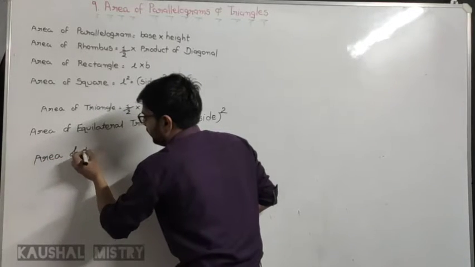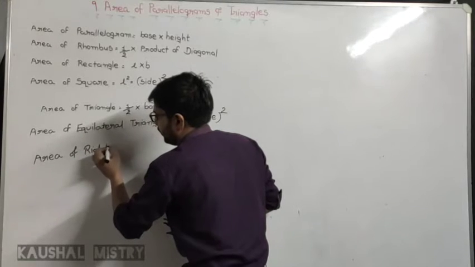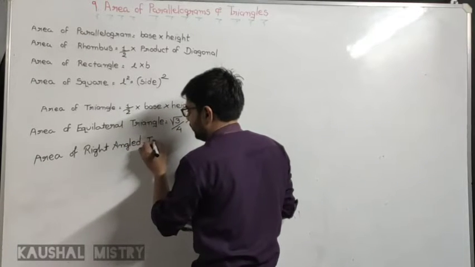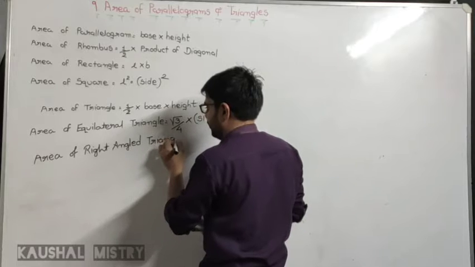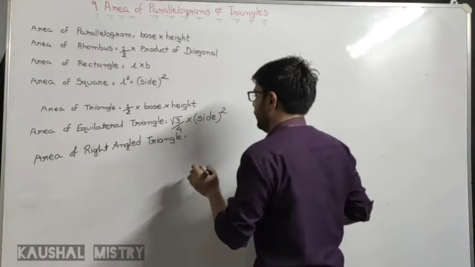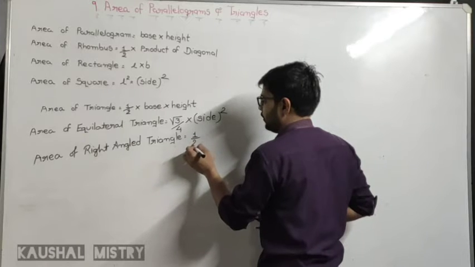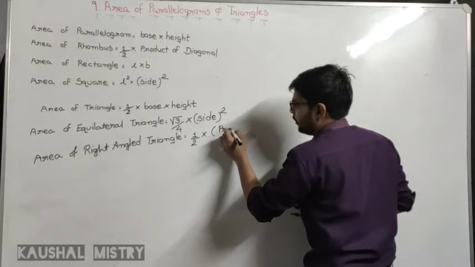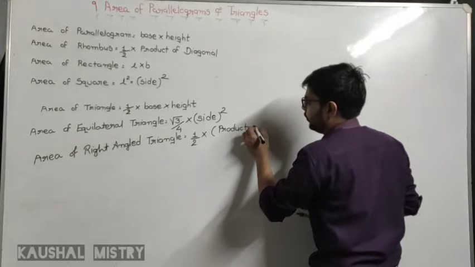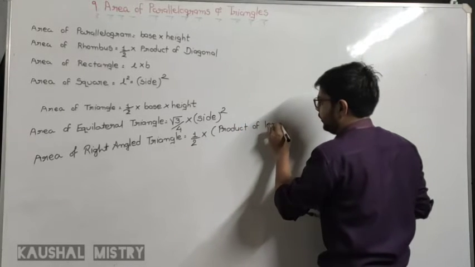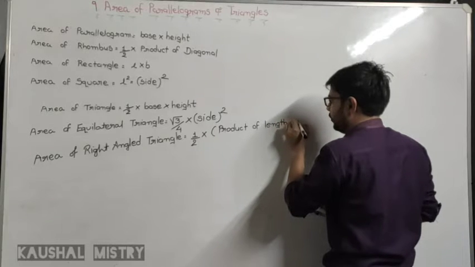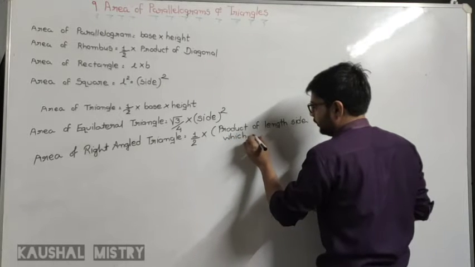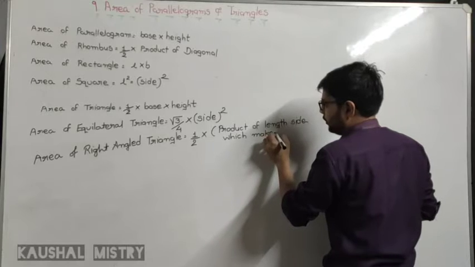Now another formula, area of a right angle triangle will be equal to 1/2 into product of the length of sides which make the right angle.